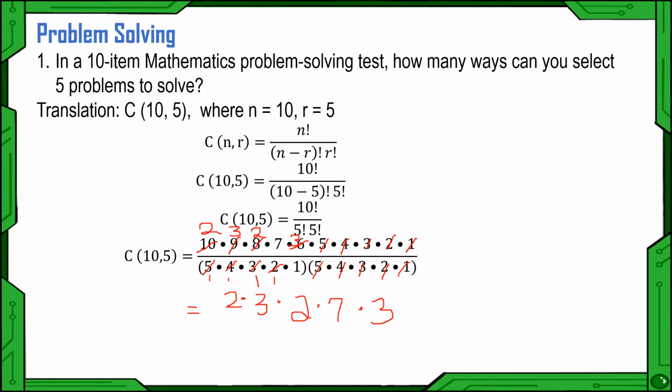So I want you to get the product of 2 times 3 times 2 times 7 times 3. So the answer is, combination of 10 and 5 is 252 ways. Very good.